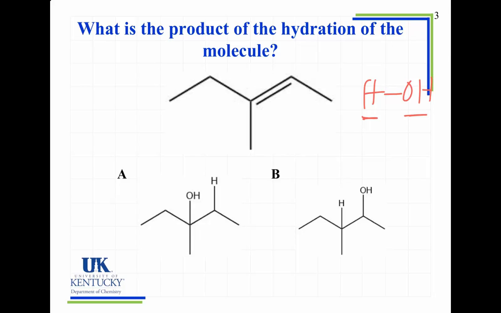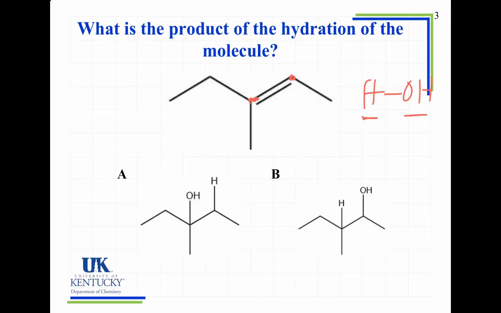So the first thing I want to do is look at my carbon atoms that are involved in my double bond, so these two atoms, and determine how many hydrogens I have attached to each of those carbons. So looking at this carbon on the left side of the double bond, I see that this carbon already has 4 bonds, therefore it doesn't have any hydrogen atoms attached to it.